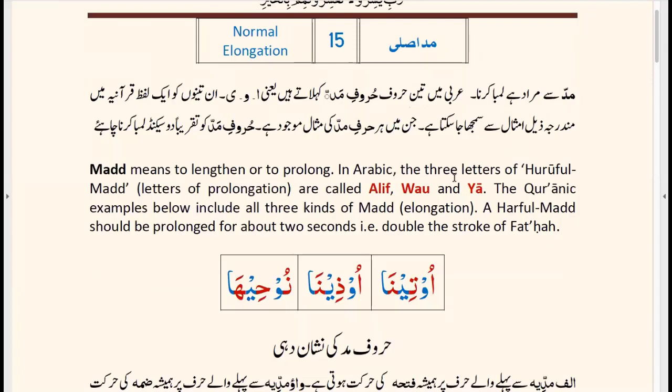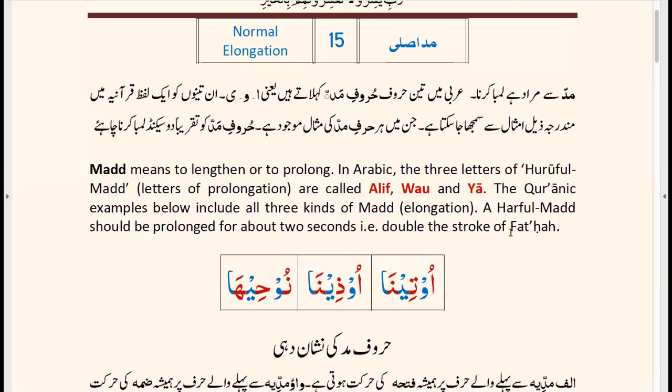In Arabic, the three letters of Huruful Mad, letters of prolongation, are Alif, Waw, and Ya. So Alif, Waw, and Ya are the letters of prolongation, which are also called in Arabic Huruful Mad. Okay, so somehow we will be making them longer, and I will explain how.